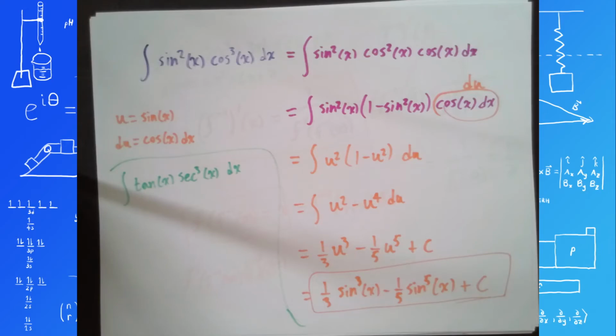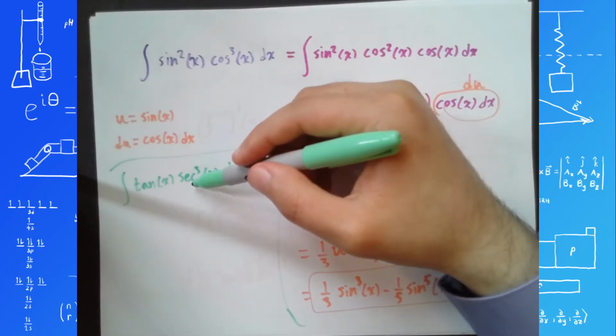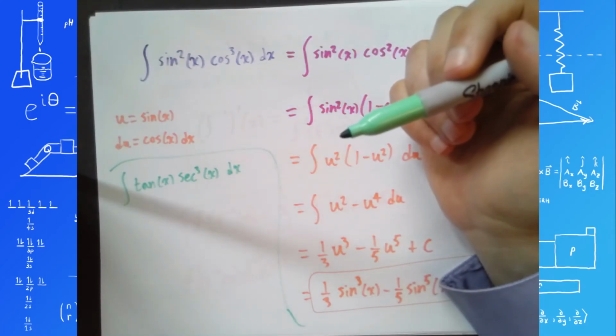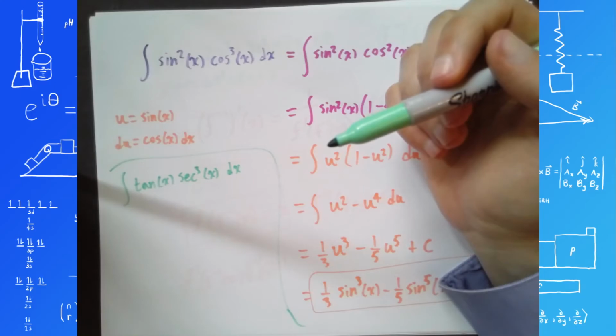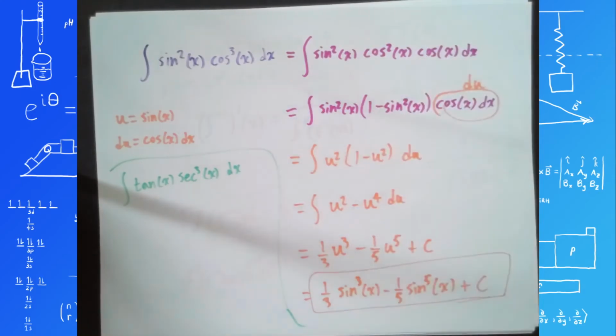Let's see, so it looks like in this case the clever choice would be to convert secant squared. I can split this into secant squared times secant.